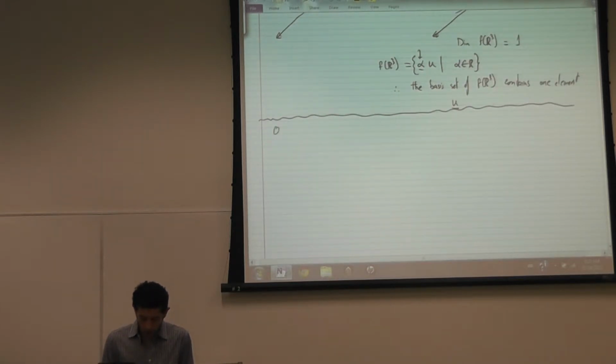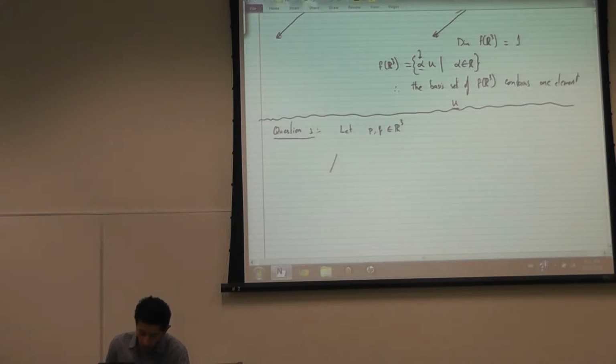So question 3. For question 3, we're saying the following. I'm just going to write the statement. We have two vectors, P, Q in R3.